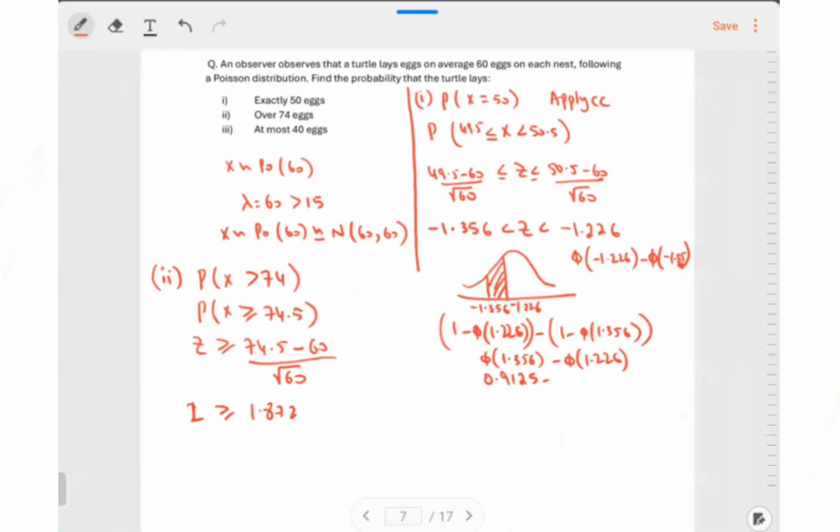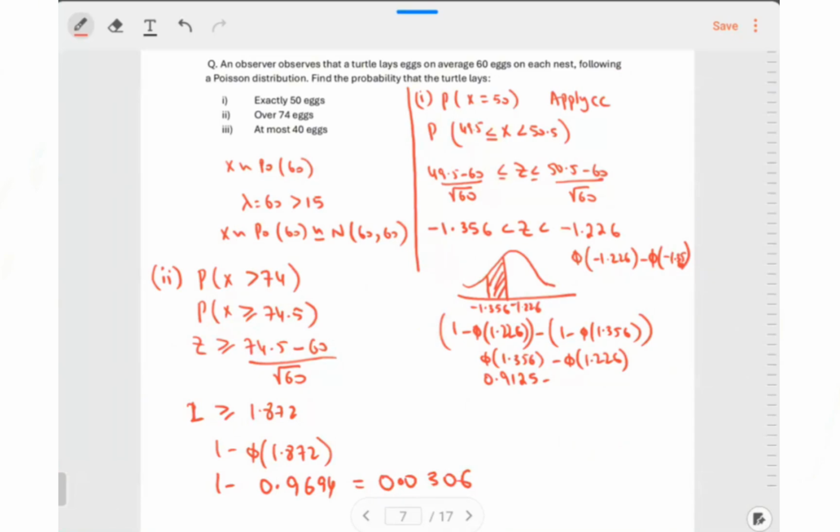Greater or equal to 1.872 means 1 minus phi of 1.872. Please read the Z table. 0.99694. So the final answer is 0.0306. Do you all agree?